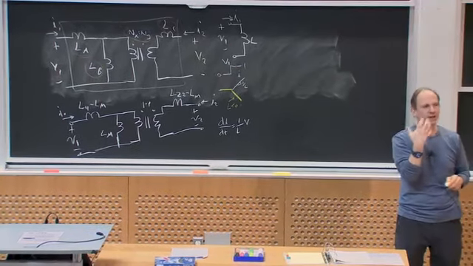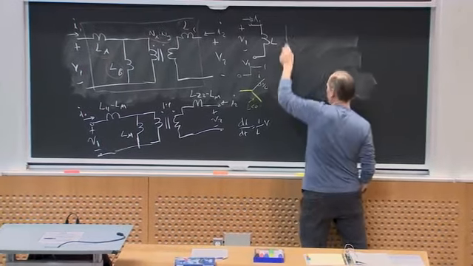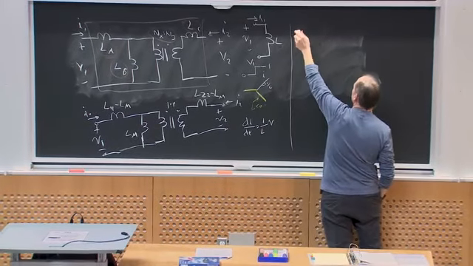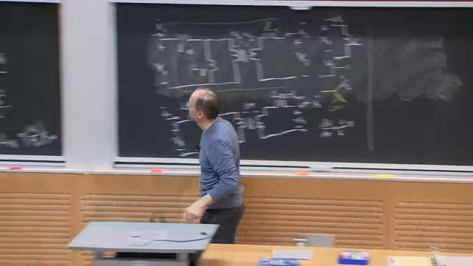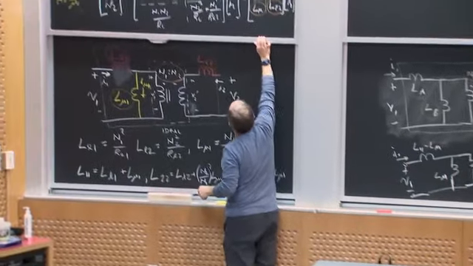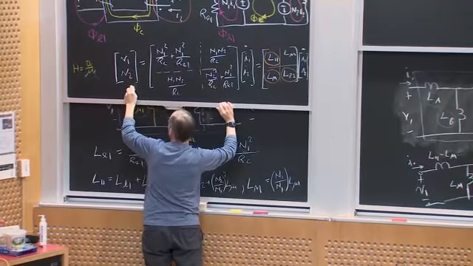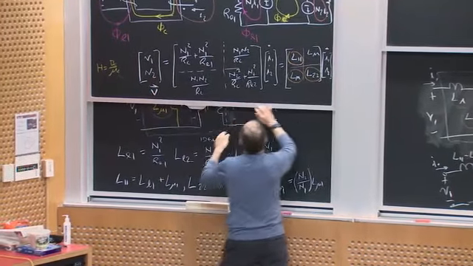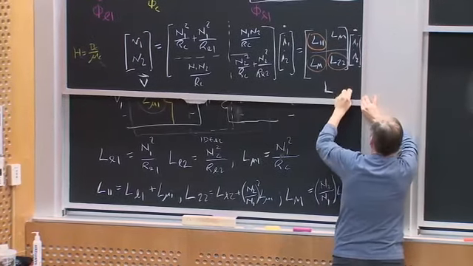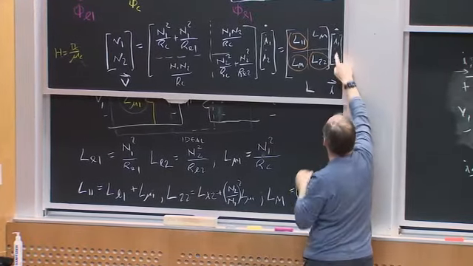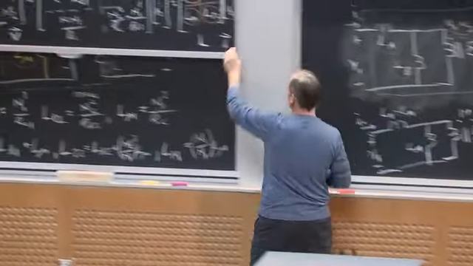Okay? What could I say about my inductance matrix? If I have a 2-terminal device, what I get is V equals L di/dt. This equation is simply V, a vector equation, equal to L, where this is an inductance matrix, times di/dt, where that's a vector of currents.